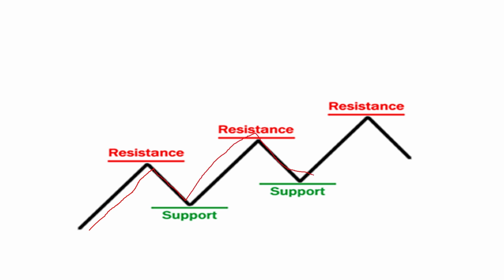Forgive my drawing. The upper point, we say it is the resistance, because price is being resisted from going up, right? And the bottom part is the support. It's more like something is lifting price up. So yeah, there is support and resistance.